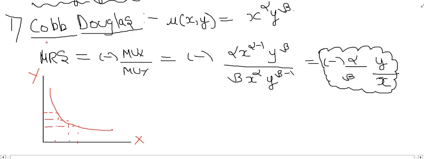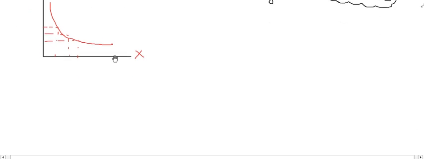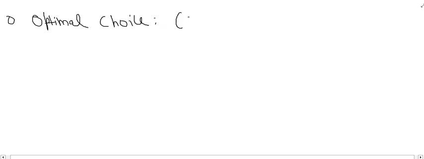Moving ahead, we see what is the optimal choice in this utility function. Now to operate for the optimal choice, we have to understand that you would be given some conditions: the price of good one, P1, P2, and the money income of the consumer.